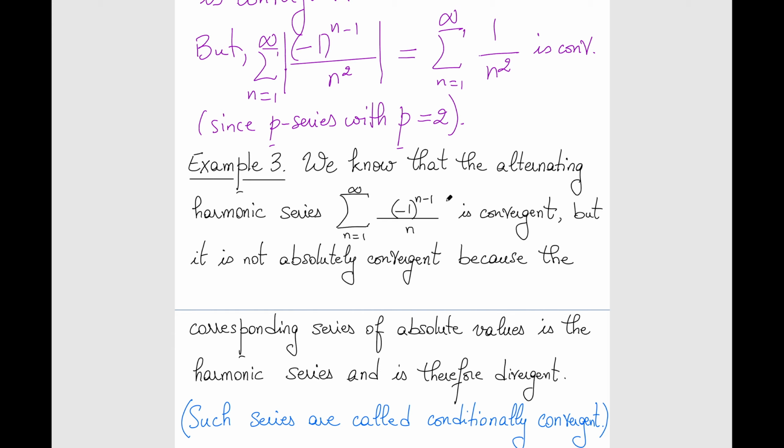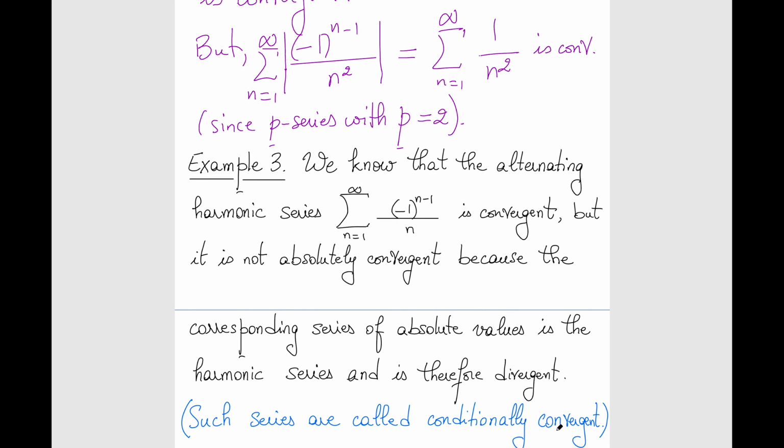The absolute values of those terms are simply the terms of the harmonic series, and the corresponding series of absolute values is the harmonic series itself, and it's therefore divergent, right? So if you put bars here, you get 1 over n. So it's a p-series, if you wish, where p is 1, and we know that the p-series converges if and only if p is bigger than 1, so that's going to diverge. Okay, so this series is convergent but not absolutely convergent.